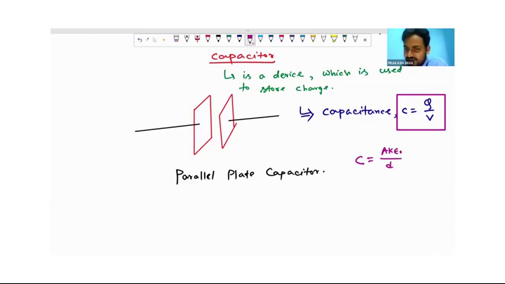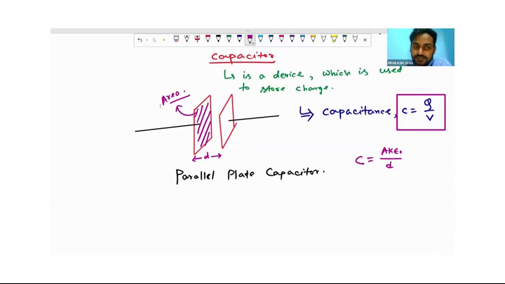What is A here, K here, d here? K is the dielectric constant, epsilon naught is the permittivity of free space, d is the distance between these two plates, and A is the area of these plates, area of both the plates.